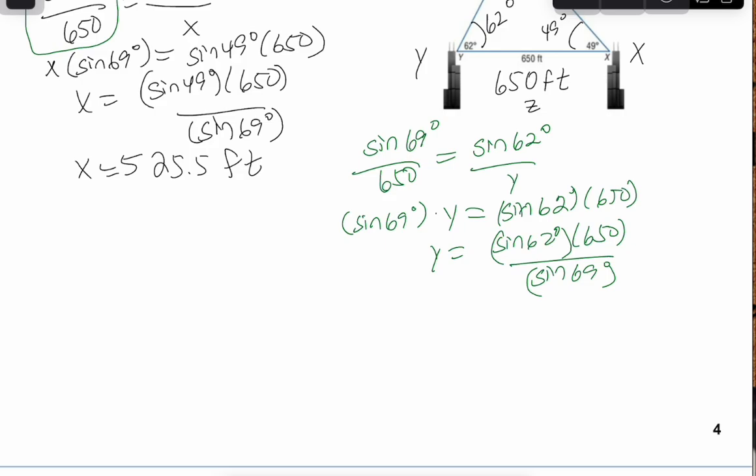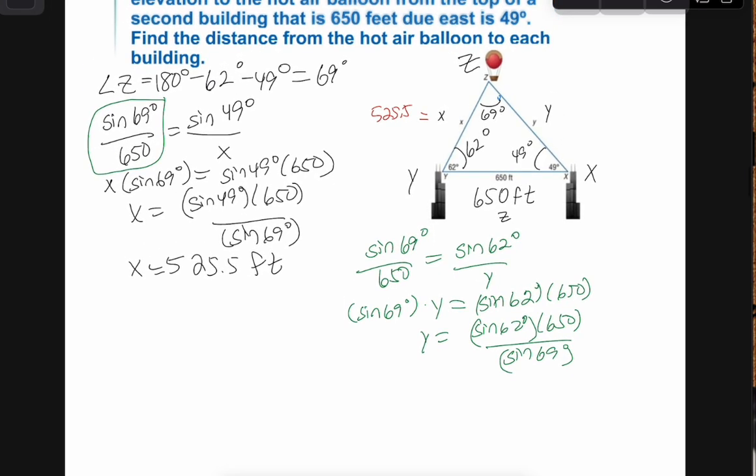So the sine of 62 times 650 divided by the sine of 69. Remember, we should get something between 525 and 650 since our angle is between 69 and 49. If you throw that into a calculator, we do indeed get something between 650 and 525. We get 614.7 feet.